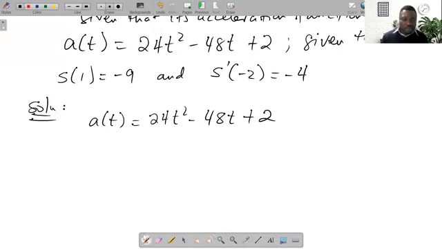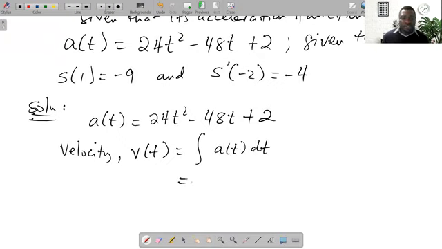So basically, I need to get my velocity function. v of t should be equal to the integral of a of t dt. So this is going to be the integral of 24t squared minus 48t plus 2 dt.